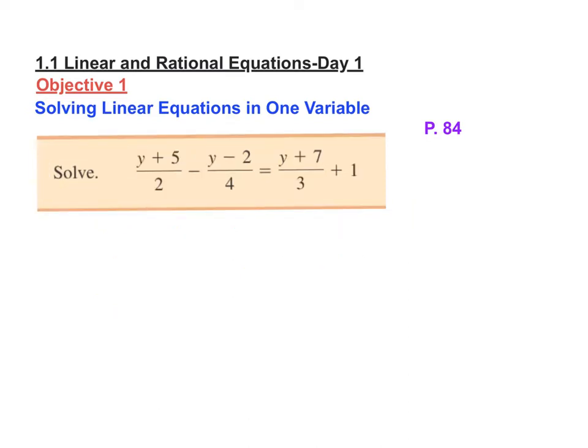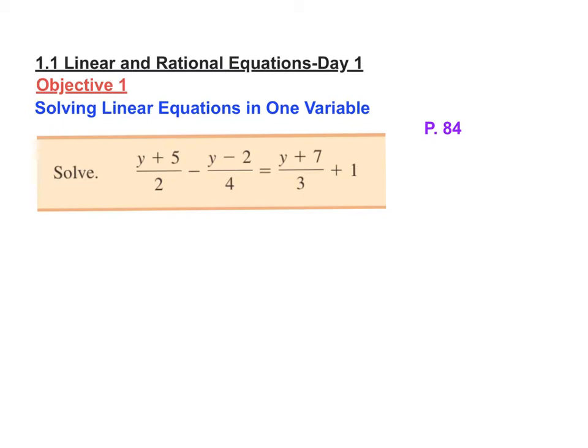Let's look at a little more complicated one, and then we'll talk about strategy here in a second. What makes this problem more complicated? All the fractions. Now, I feel the same way, if I can get rid of fractions, I want to do that. So our strategy here is, do you remember what the strategy is to get rid of the fractions?